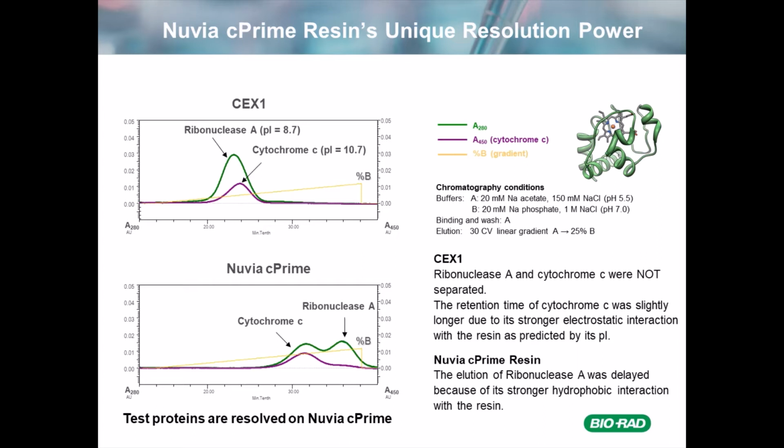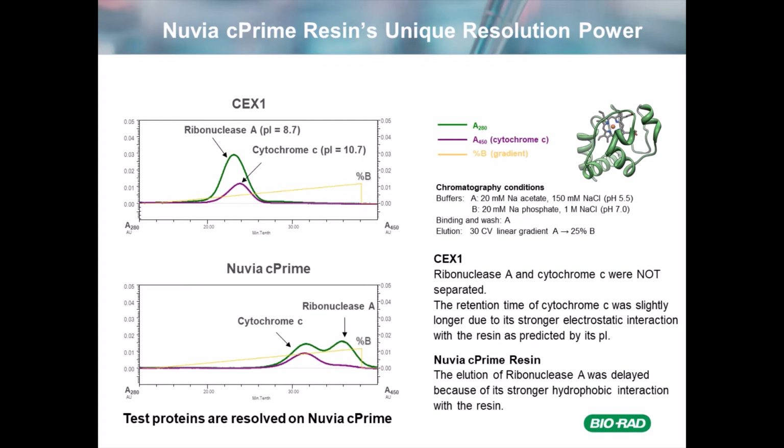When we load the mixture of these two proteins on a traditional cation exchanger, we use a gradient between two buffers: buffer A, 20 millimolar sodium acetate with 150 millimolar sodium chloride at pH 5.5, and buffer B, 20 millimolar sodium phosphate plus 1 molar sodium chloride at pH 7.